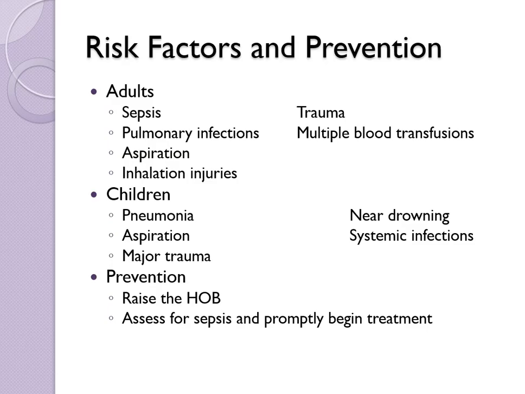In children, the cause is pneumonia, aspiration, major trauma, near drowning, and systemic infections. So really prevention is, let's raise the head of the bed. If they are at risk for aspiration, let's treat the problem. If they're septic, let's treat it. If they have pneumonia, let's treat it and begin that treatment promptly.